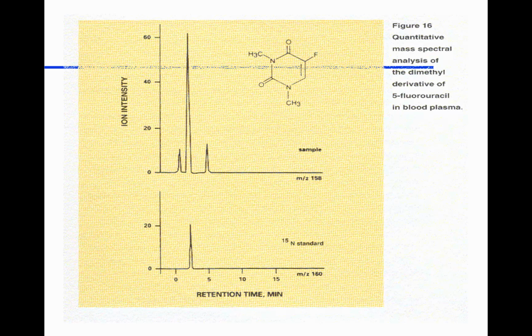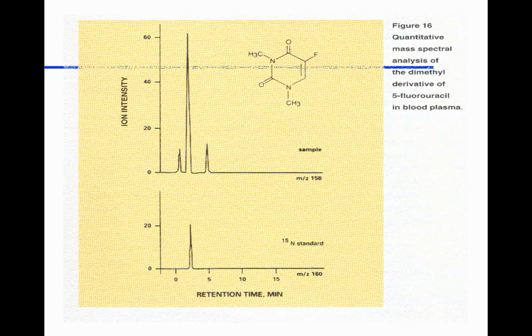And I show this to you as an example. What we're doing, 5-fluorouracil in blood plasma, hardly food science, but it's exactly the same thing in food science. So I want to measure this dimethyl 5-fluorouracil. And if you run this on a gas or liquid chromatograph, you would of course get a trace from it, but we want to make the mass spectrometer very specific. This has a very strong fragment.